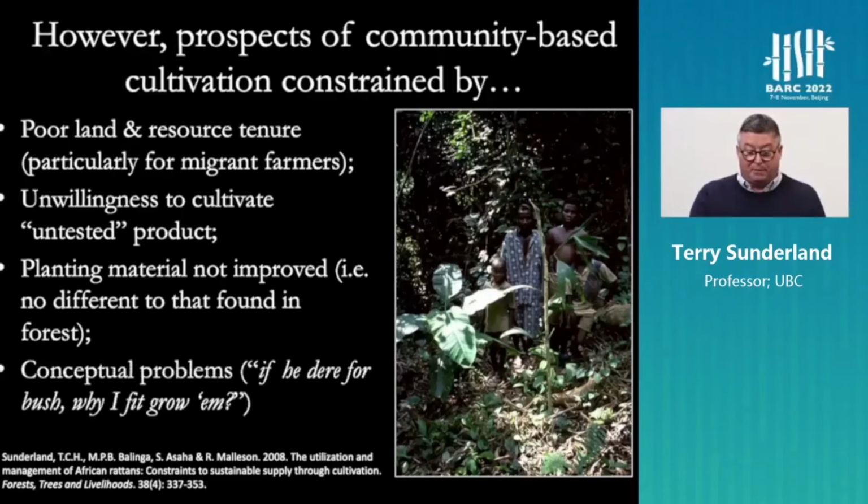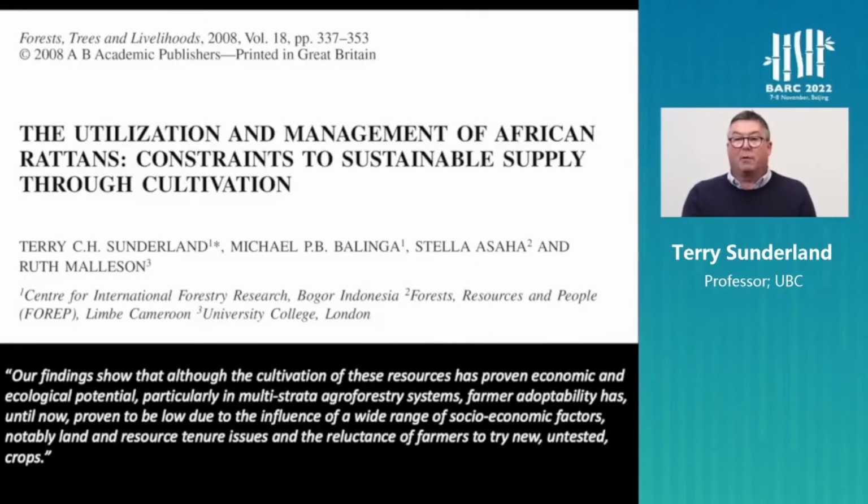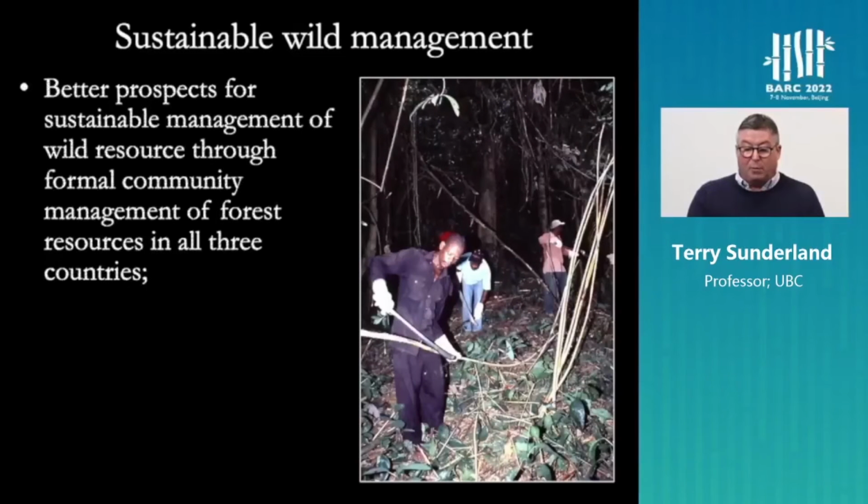There's no improvement in the planting material. And this issue of if it's there in the forest, why do I need to grow it? I can still, no matter how far I need to go, get the raw material from the forest. So essentially, we show that although the cultivation of rattan is a feasible option ecologically, there's a lot of reluctance for farmers to take on cultivation.